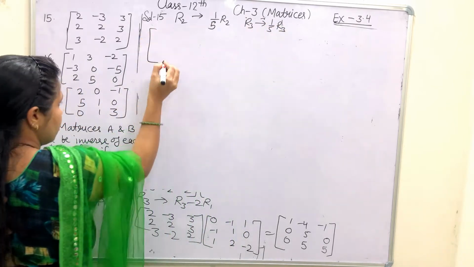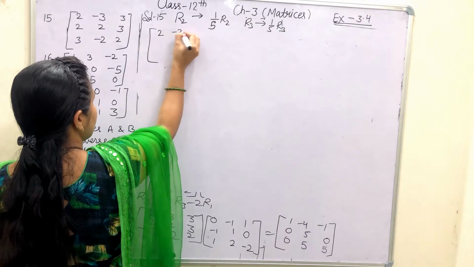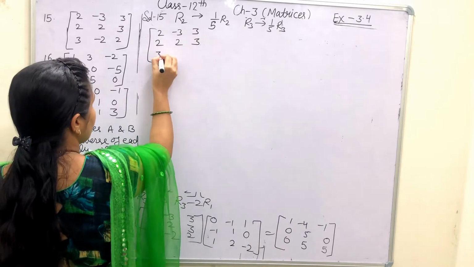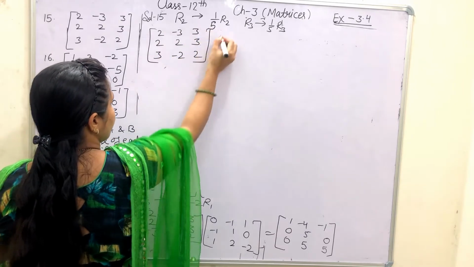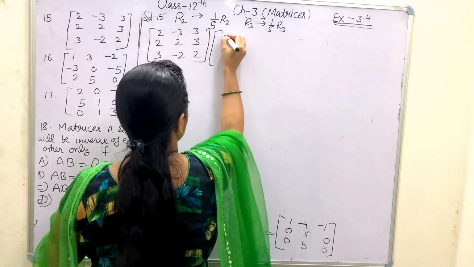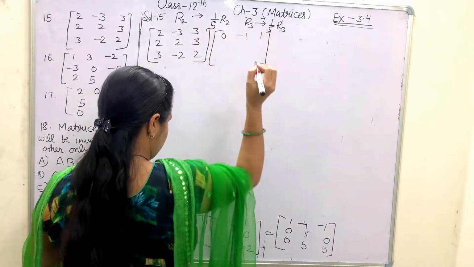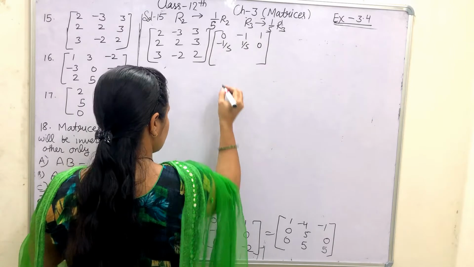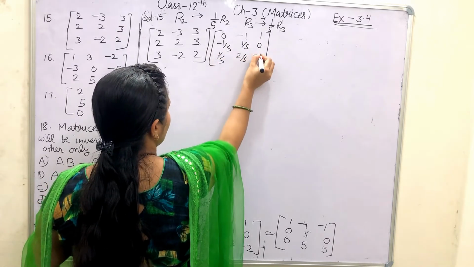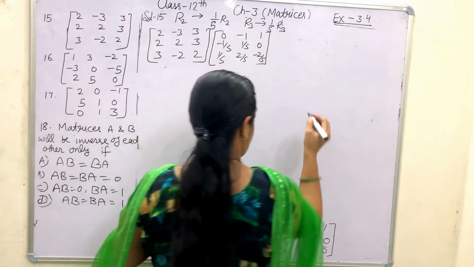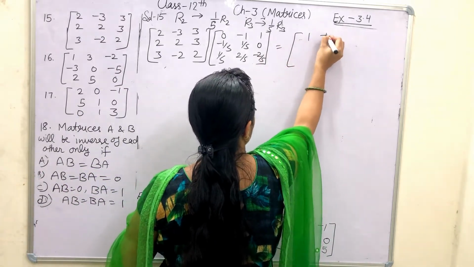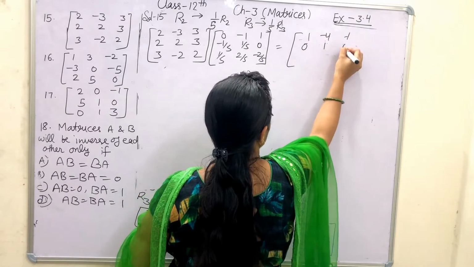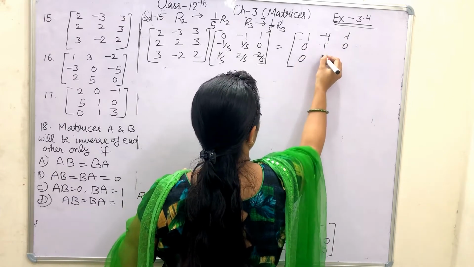We get here 2 minus 3, 3, 2, 2, 3, 3 minus 2, 2, 0, minus 1, 1, minus 1 by 5, 1 by 5, 0, 1 by 5, 2 by 5 and minus 2 by 5. Here is 1, minus 4, 1, minus 1, 0, 1, 0, 0, 1, 1.